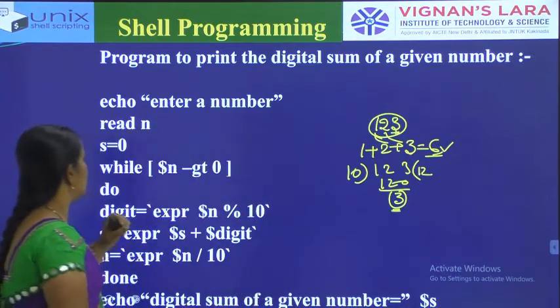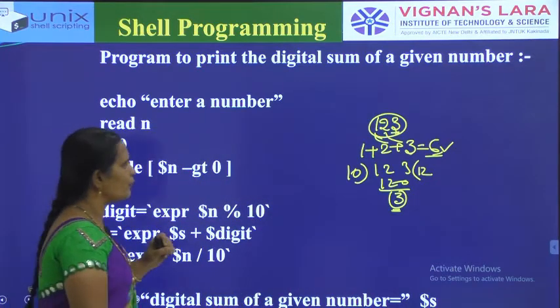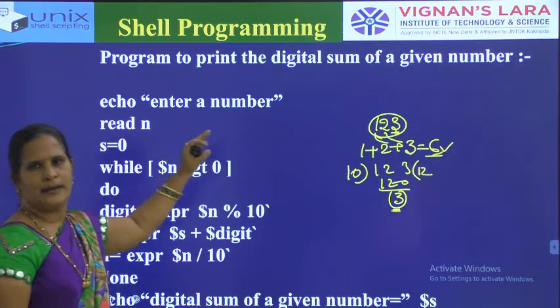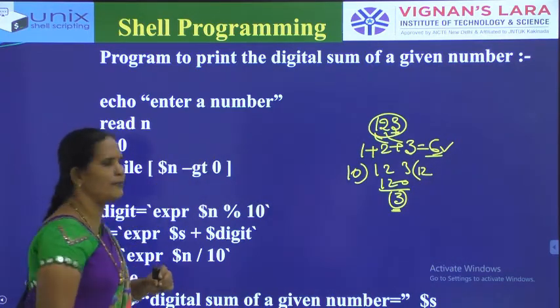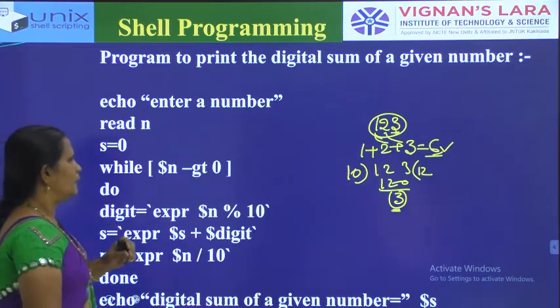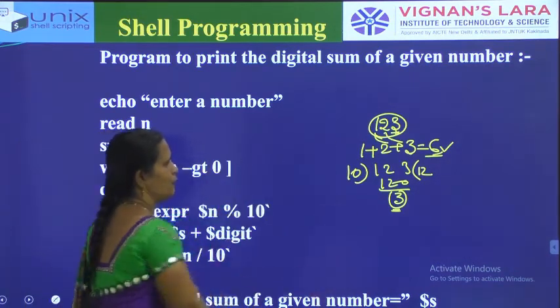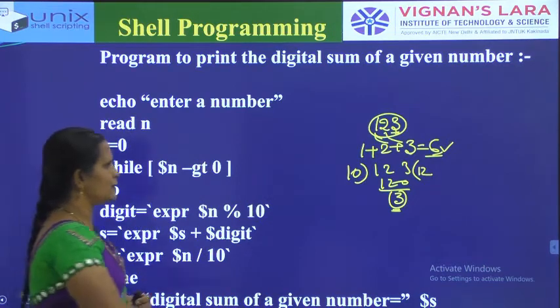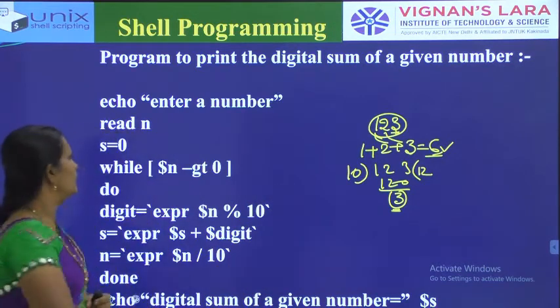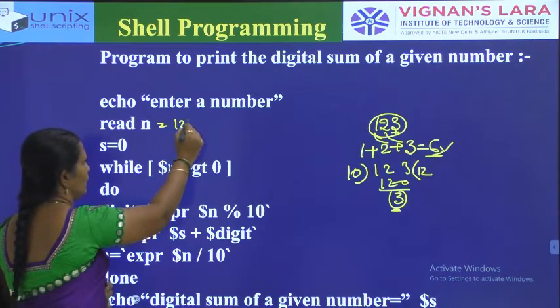So observe clearly. First, echo enter a number. At runtime you are giving the value. For example, here I am using 123. I want to find the digital sum of 123. So here the n value is equal to 123.